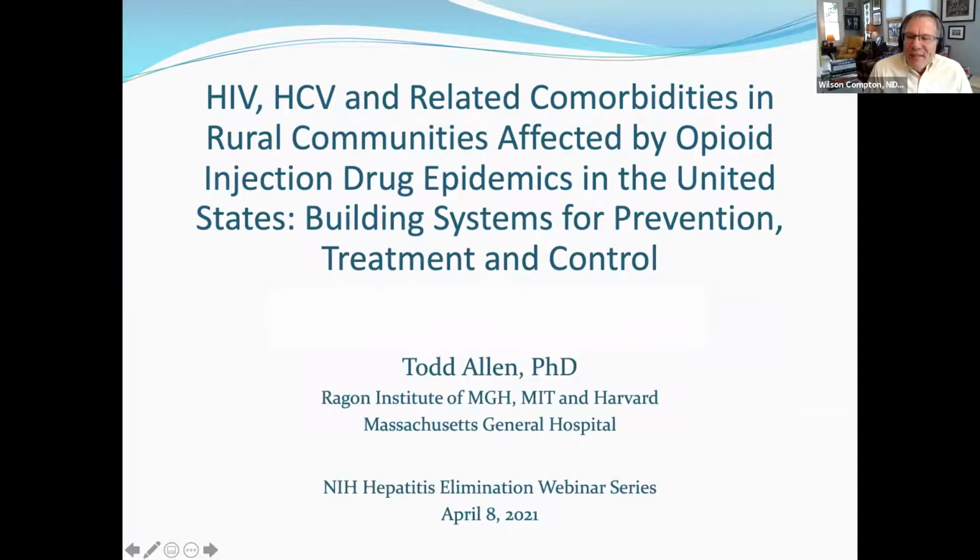Well, I know we have more to ask you, but we'll keep moving along. Next will be Dr. Todd Allen, who is a professor of medicine at Harvard Medical School and the Ragon Institute of Mass General Hospital, MIT, and Harvard.